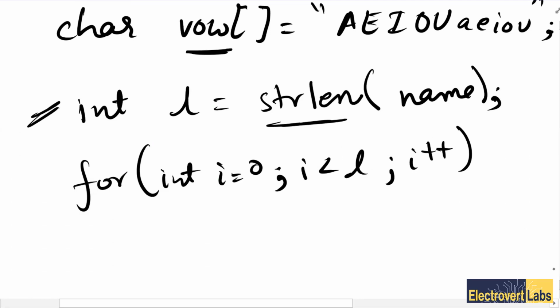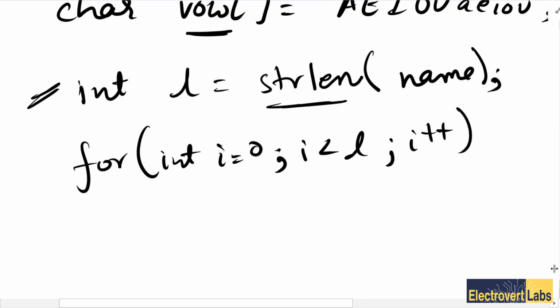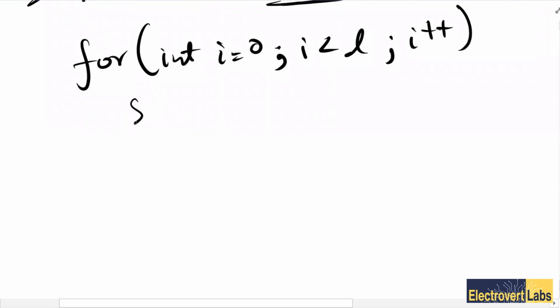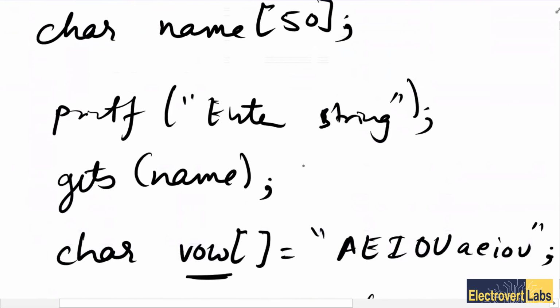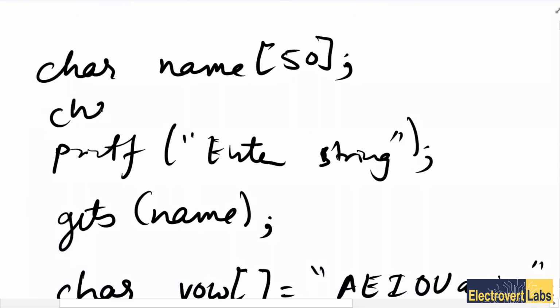Just to reduce the number of times the loop runs, I found the length, as better coding practice. Now I can store the current character. This is a data type char. You can declare it earlier somewhere.